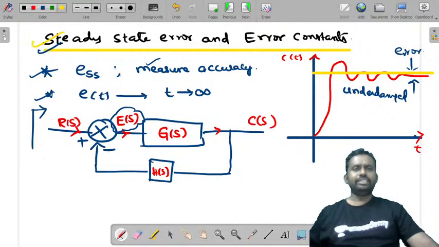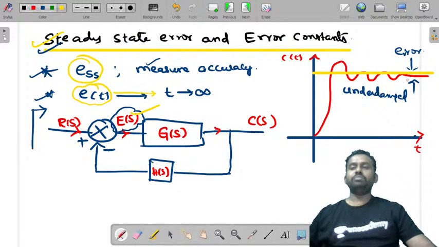So we have considered steady state error and error constants. ESS is the steady state error and E of t is the error at t is equal to infinity, and we have considered a block diagram, and from this block diagram we have tried to find out what is E of s. For an underdamped system you can see this is the error.